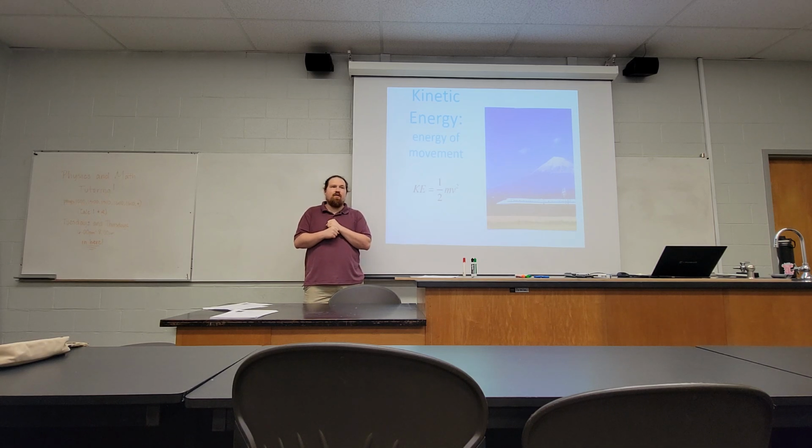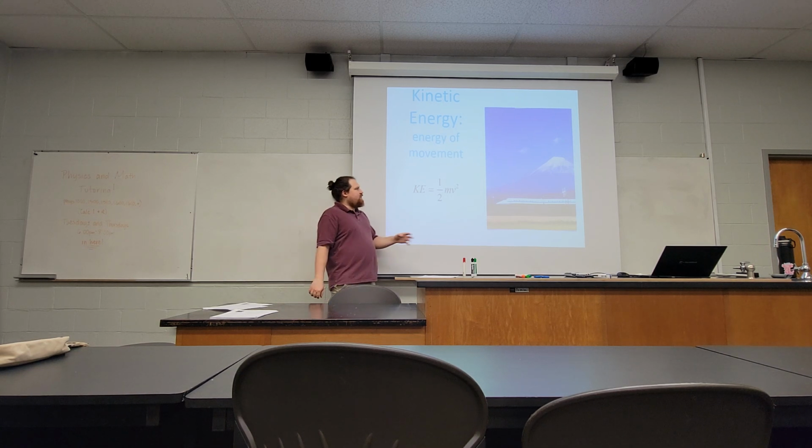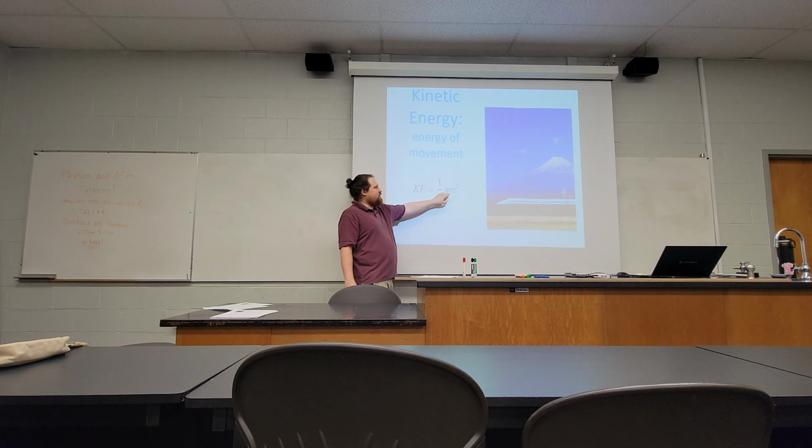I will also point out that because the v term is squared, it matters more than the m term does. If we were to double the m term in this formula, you'd get twice the KE. An object with twice as much matter would require twice the kinetic energy to go at the same speed.